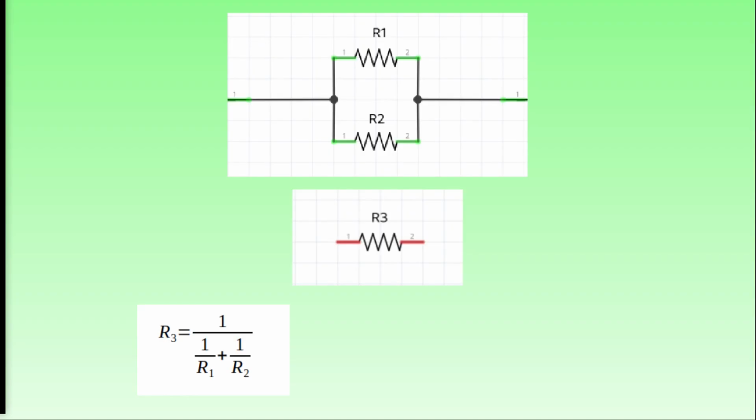Maybe this is more clear. When only two resistors are involved, the formula can be simplified like this. You can see that when resistors are in series, the total resistance increases, while when the resistors are in parallel, the total resistance is smaller than the smaller resistor in the parallel connection.